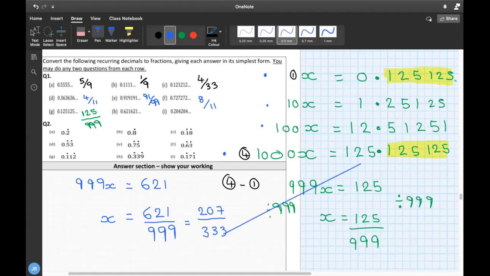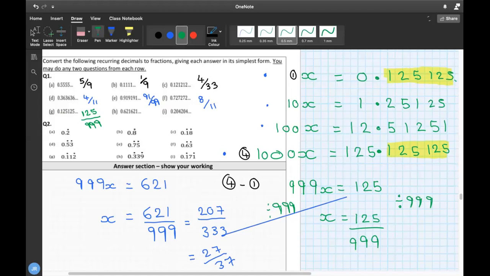Well, we can divide that by 9. So if we simplify that even further, divide by 9, 207 divided by 9 gives us 27. And then 333 divided by 9 gives us 37.